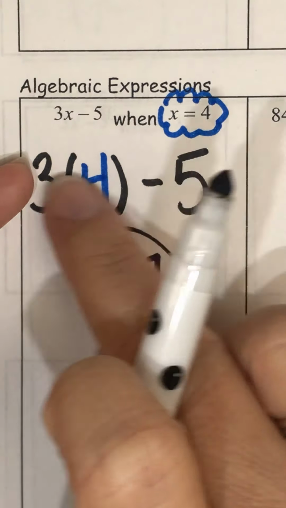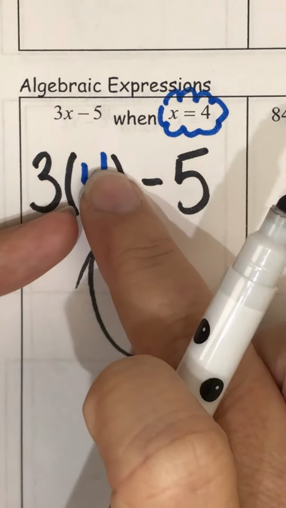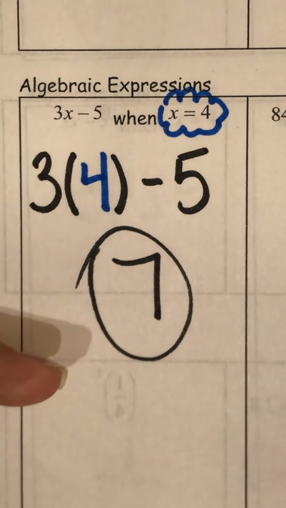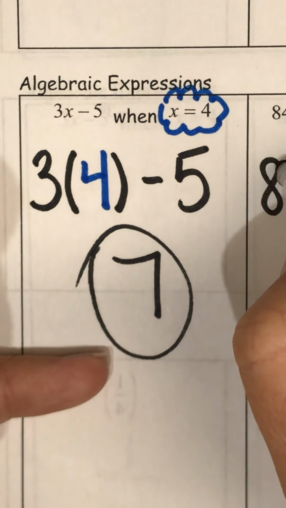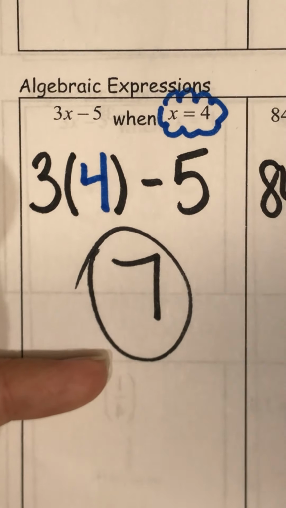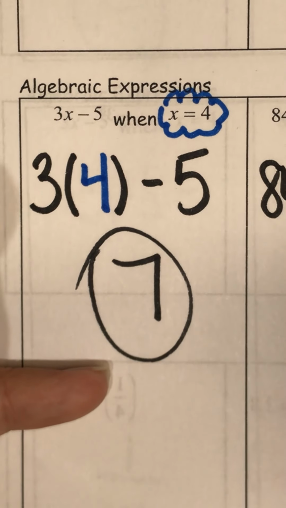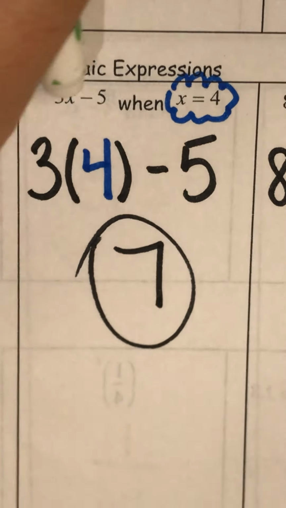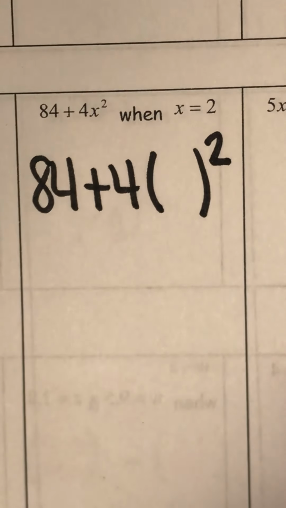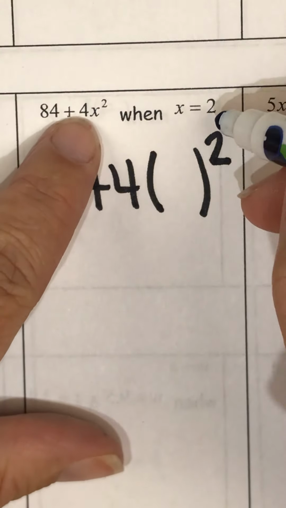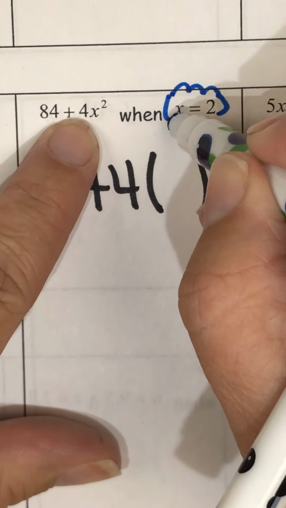This is the work that you must show right here using your parentheses to get your answer. Next, I'm going to do 84 plus 4, and then I see an X. So instead of writing the X, I'm going to write parentheses, and then that's squared with an exponent of 2. Now, the X right now, it says that it's equal to 2.